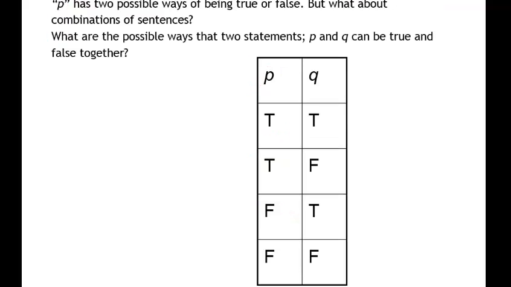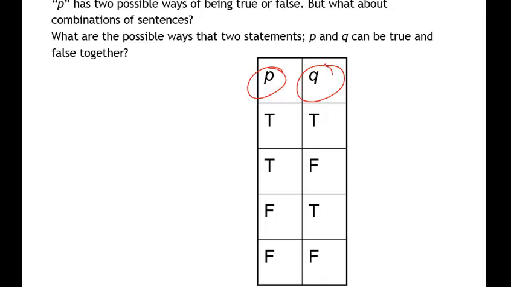Now, if you have two declarative sentences, P and Q, Q standing for another declarative sentence, and you want to know in what ways they can be true or false together, then there are 4 possible ways for P and Q to be true or false together. This truth table is a representation of those 4 possibilities.